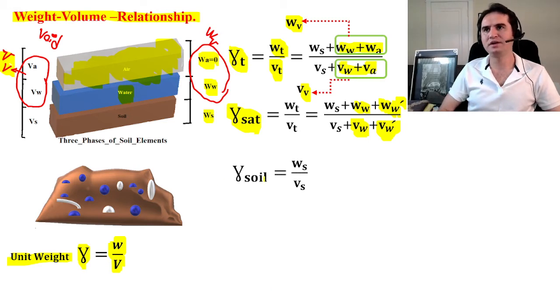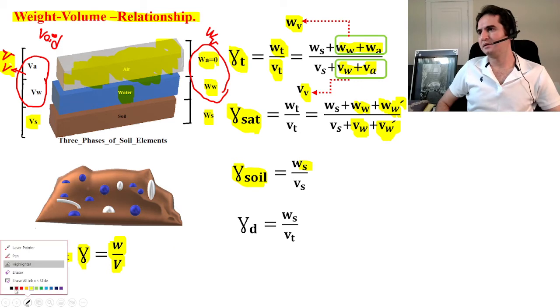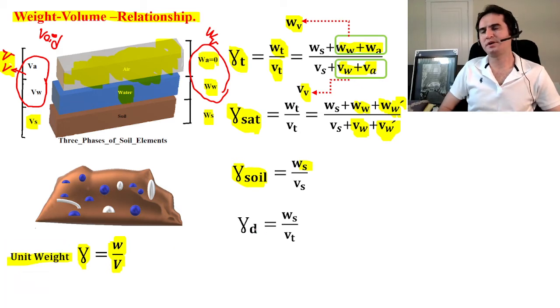Likewise, the unit weight of soil is just the weight of soil over the volume of soil. That's the unit weight for soil. And at the end, these are some very common and very useful definitions of soil mechanics equations.